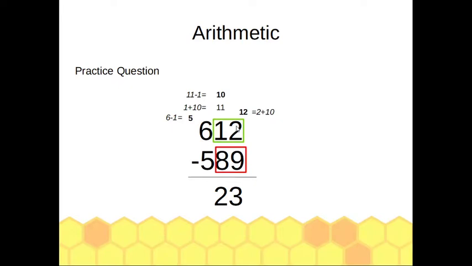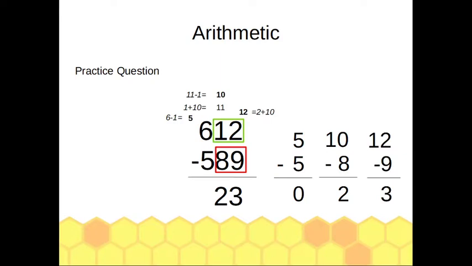As we continue, 5 minus 5 equals 0, 10 minus 8 equals 2, and 12 minus 9 equals 3. And the answer is 23. These numbers came from their respective places so that we will not be confused in solving this problem.